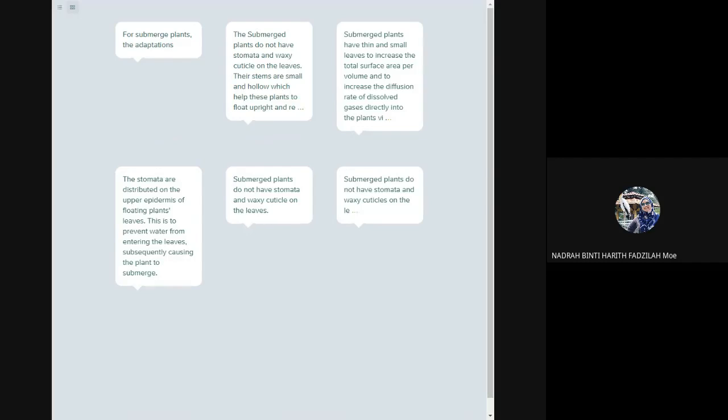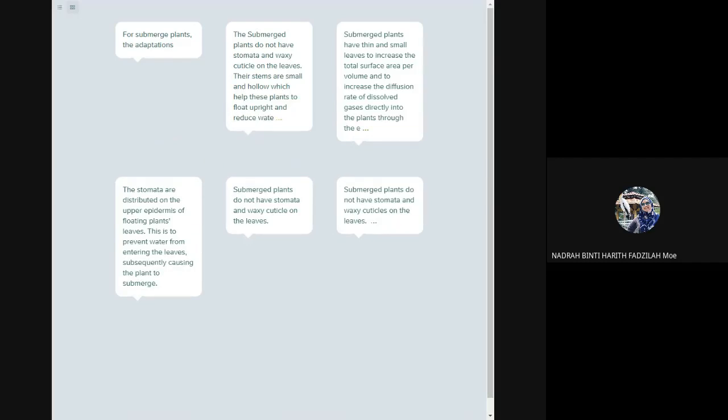Yang description untuk floating plants tu saya screenshot dan saya share dalam Telegram juga in case you want to refer.